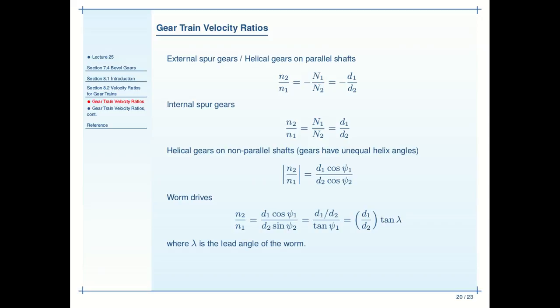Before, other than taking note of which direction things were turning, we really didn't pay a whole lot of attention to it. Now, though, we're going to start to pay attention to it, because as we mesh gears together, we are changing the direction of rotation. So we're going to start noting that by putting in negative signs. So we are going to change that direction of rotation every time we add a gear.